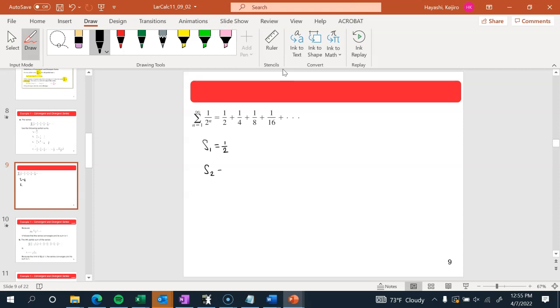And the second partial sum from the first 2 terms. And the third partial sum from the first 3 terms. And we can keep doing this for a while, but it's probably good to stop after 4.